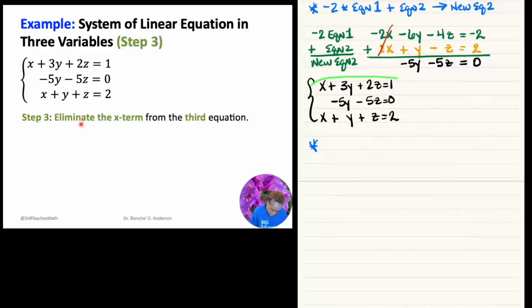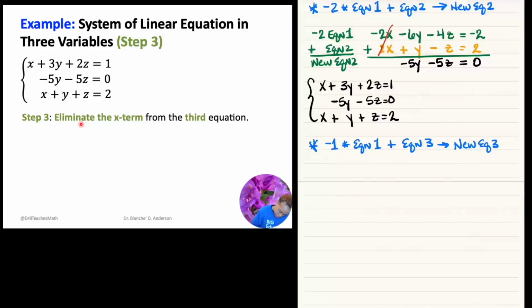If we multiply by -1 here, right, and then we add it to this equation, this will go away because you'll have a negative x and a positive x. So let's do that. So we're going to take -1 times equation 1, and we're going to add it to equation 3, and we're going to get our new equation 3.